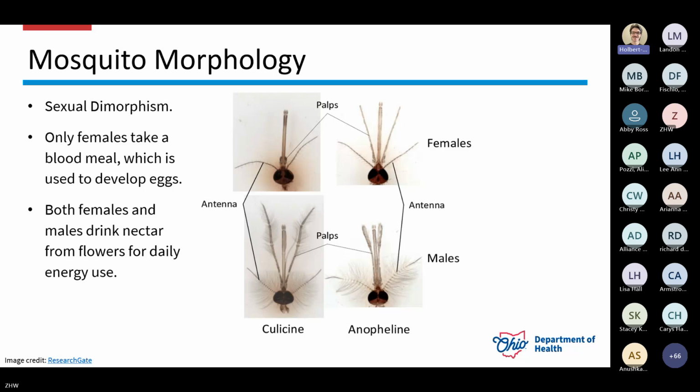Males also have clasps at the end of their abdomen, whereas females don't. Females are the only ones that take a blood meal, and they use this blood meal to develop eggs, whereas males just drink nectar from flowers and do not take blood meals.